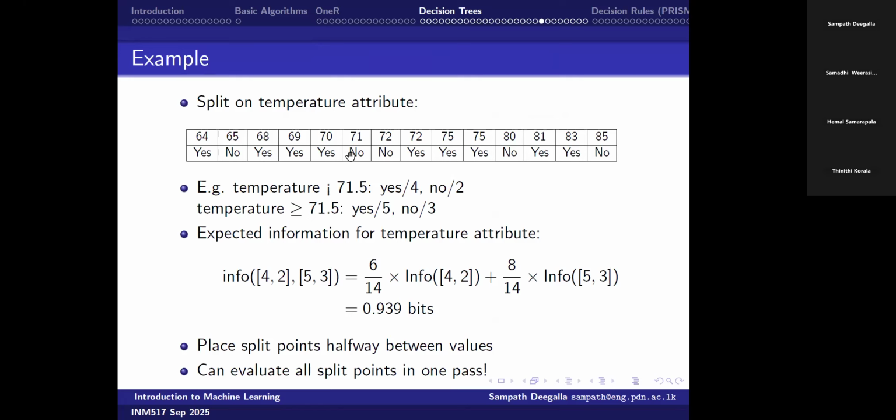So what you notice is we have 1, 2, 3, 4, 5, 6 instances there, so 4 yeses and 2 nos. And after that, you will have 5 yeses and 3 nos. So you can calculate the information like earlier, and you can calculate the gain ratio. So you will find the best value by evaluating each and every breakpoint.